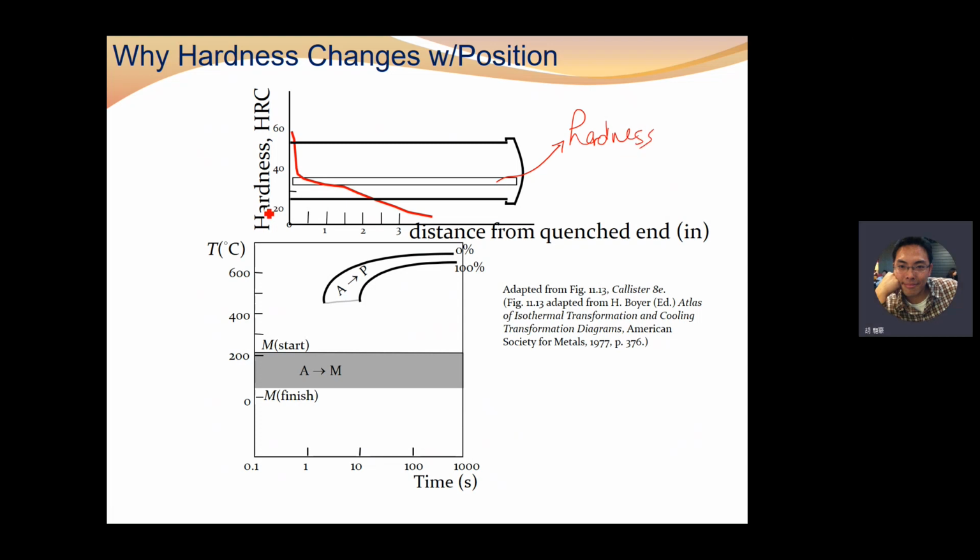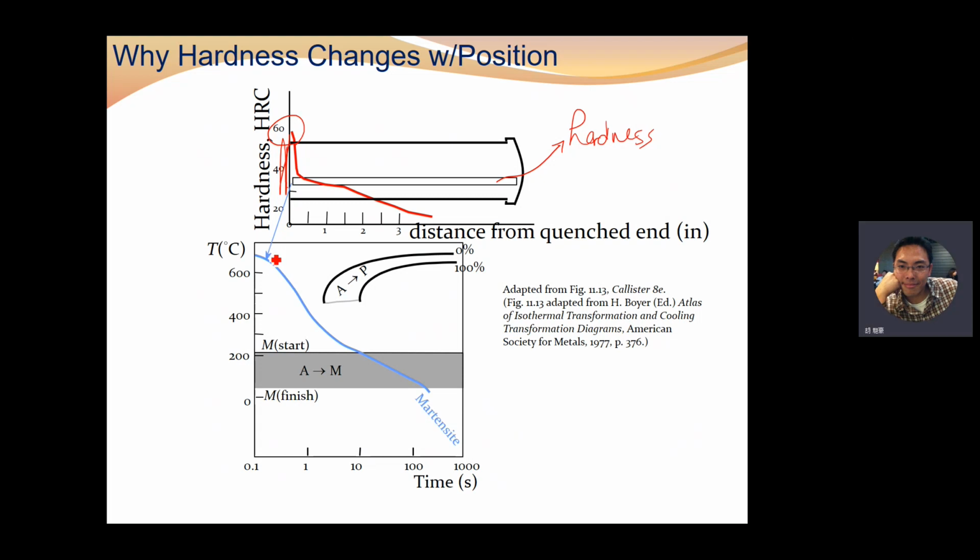At the quench end, the surface has the highest hardness, and the hardness gradually decreases with distance from the quench end.